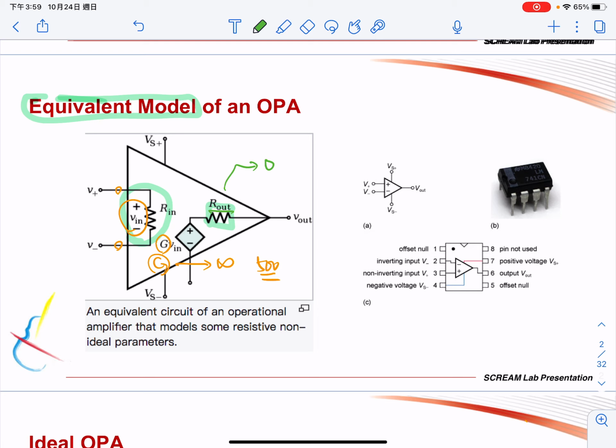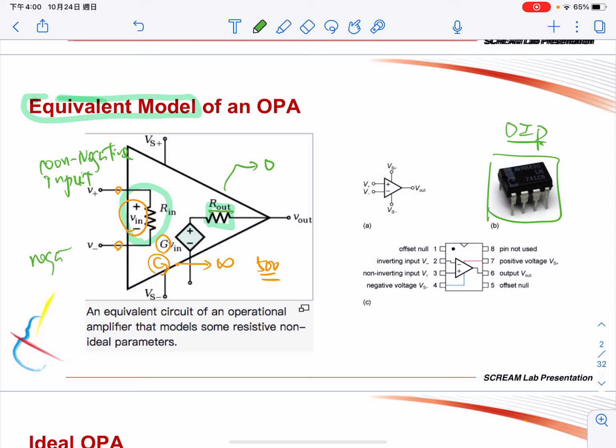A usual operational amplifier has lots of different kinds of packages, but this is typical. We call this package the DIP type of package. It has at least 2 input terminals. The first terminal we call the non-inverting input, and this part is the inverting input.